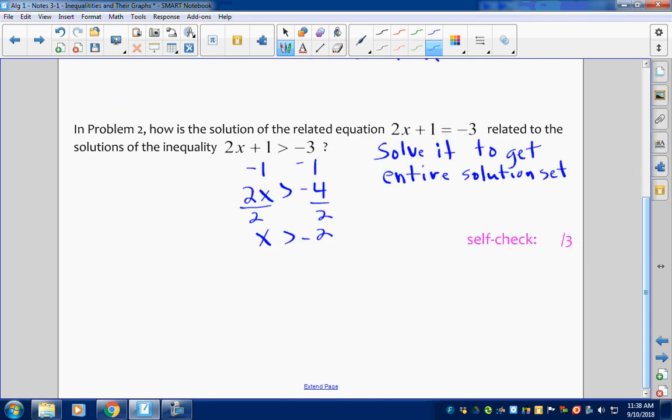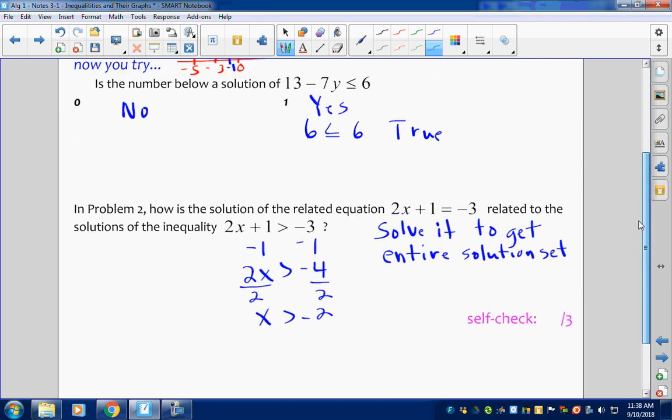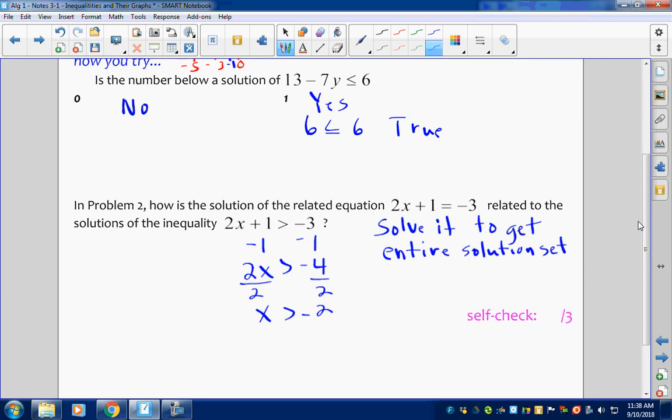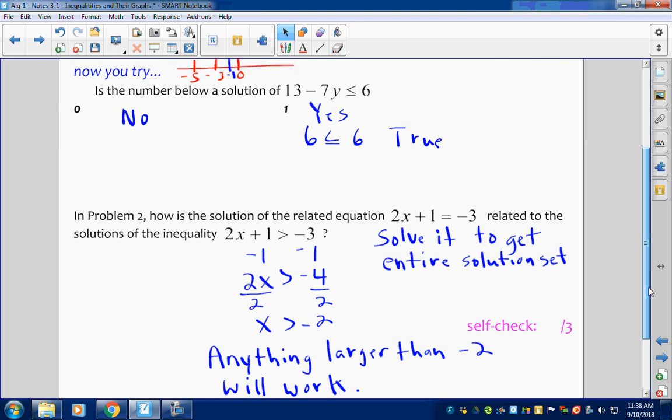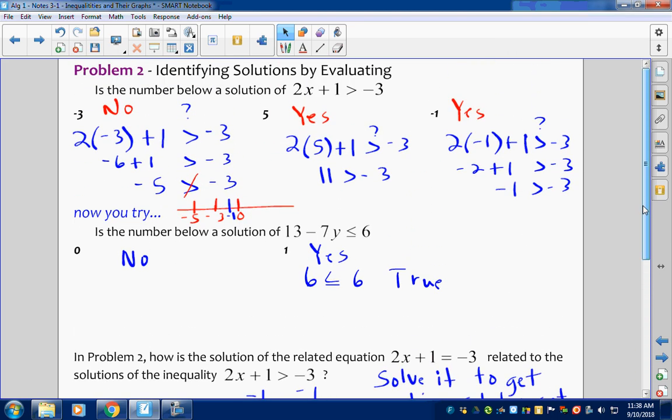And so what this tells us is that anything bigger than -2, larger than or greater than -2, will work. And then you don't have to go through and test each and every number like we did up here.